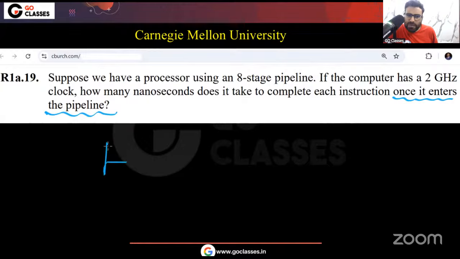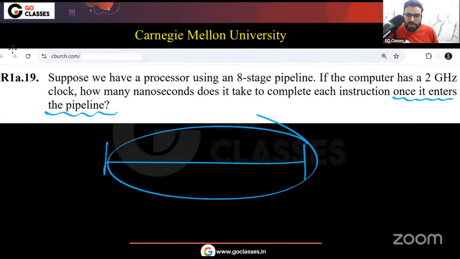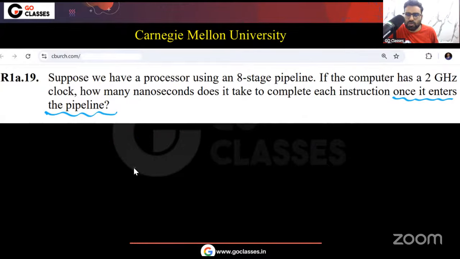Once it enters the pipeline, how much time will it take to complete that instruction? Many students answered that the answer will be 1 clock cycle. Then they computed the clock period, basically the 1 cycle time, and answered it.